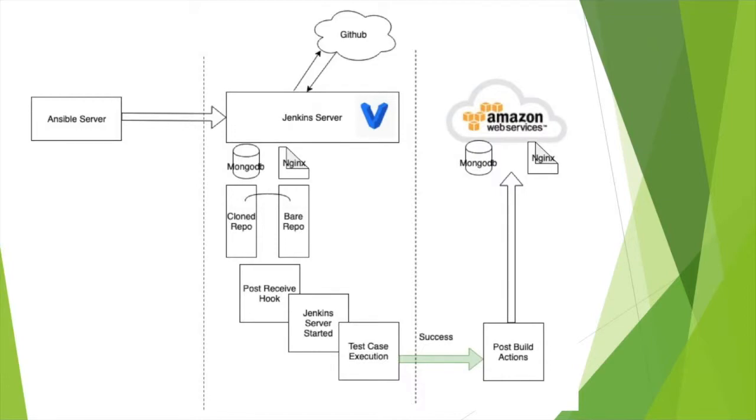In our final milestone, where we integrated with EC2 instances, once the build is successful, we deploy the application via Ansible running inside the Jenkins server, and the applications get deployed on EC2 instances.